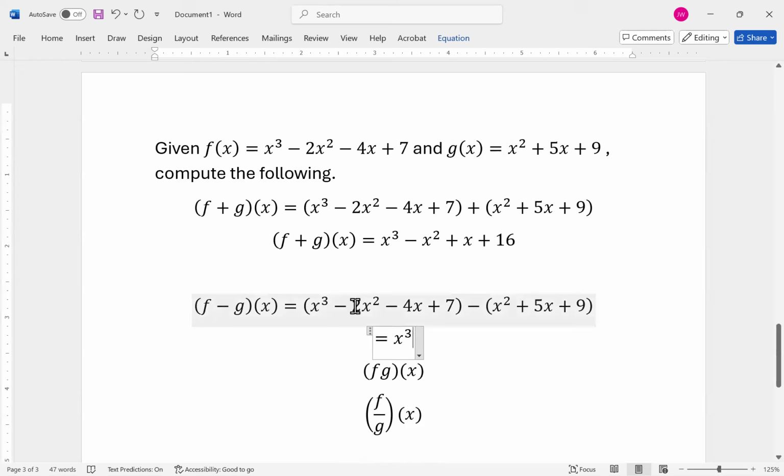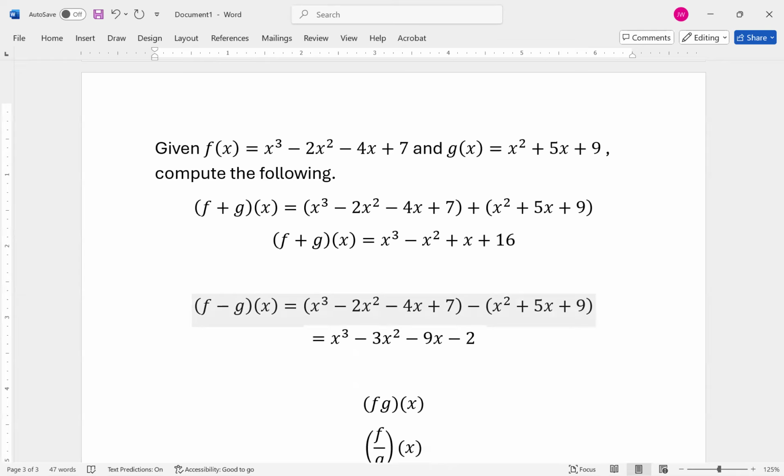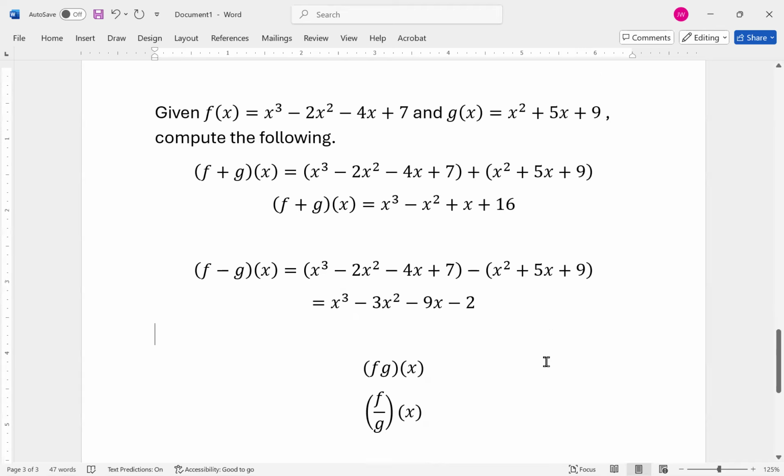I get a minus 2x squared and then a minus x squared, so that becomes minus 3x squared. Minus 4x and then minus 5x becomes minus 9x. 7 minus 9 becomes a minus 2. So that's the expression I get for f minus g of x.